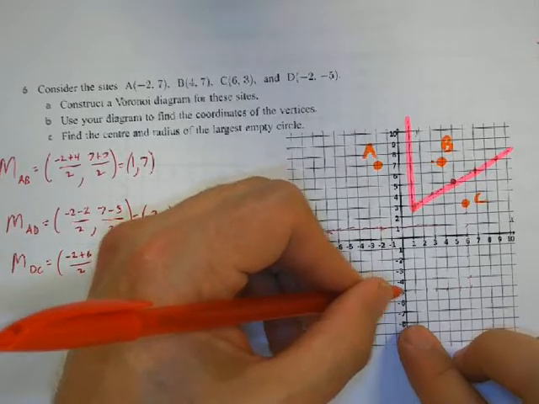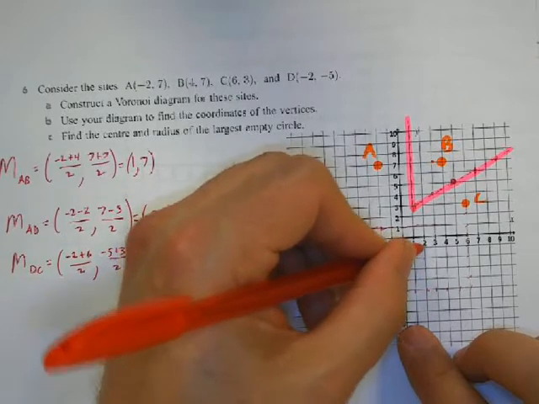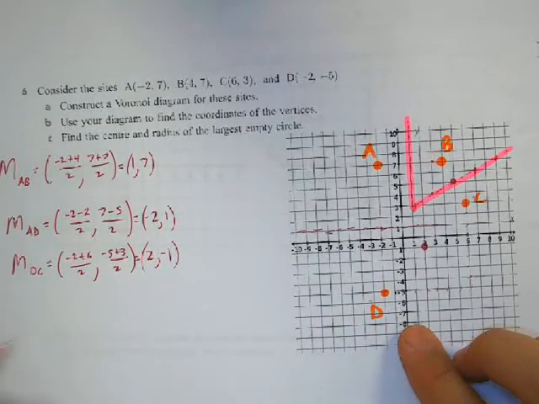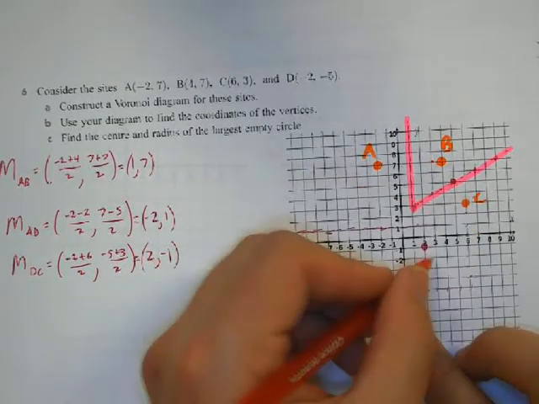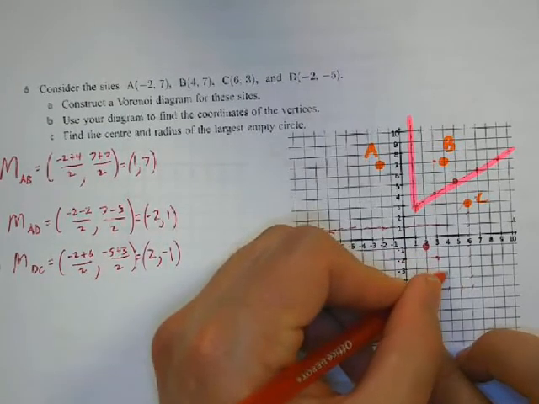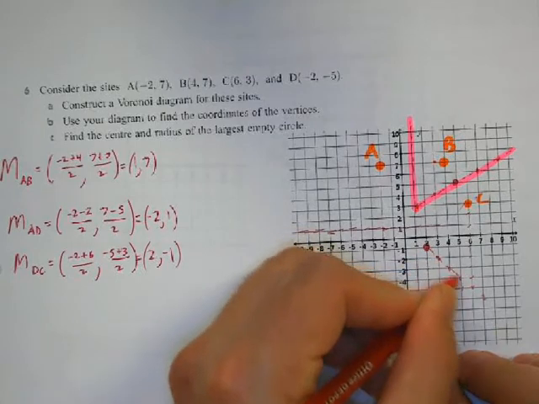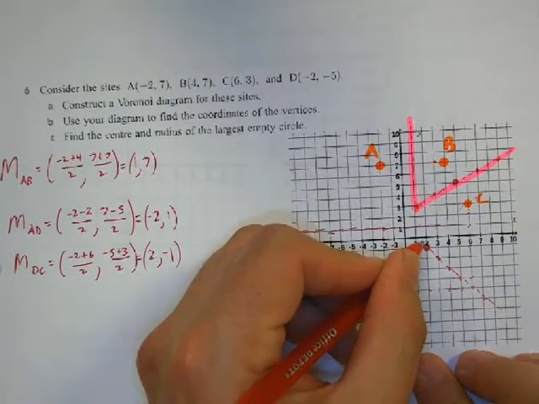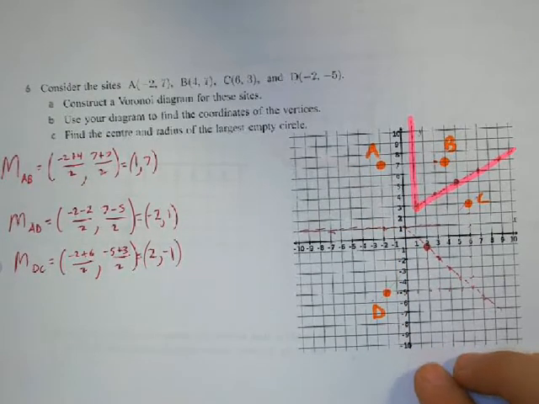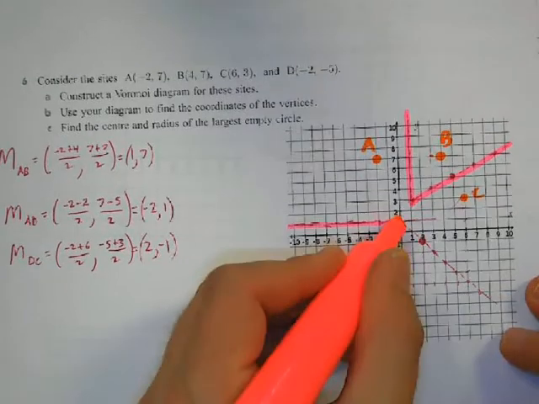That's my midpoint between D and C. It looks like the slope between here and here is 1, so my new slope is -1. Okay, and these lines meet right there. Now I can draw my boundary line, and this connects between there and there.